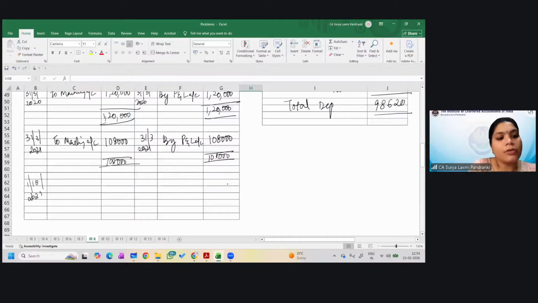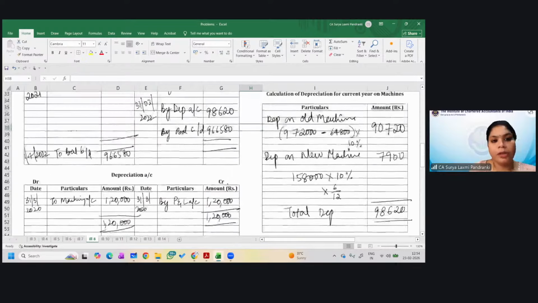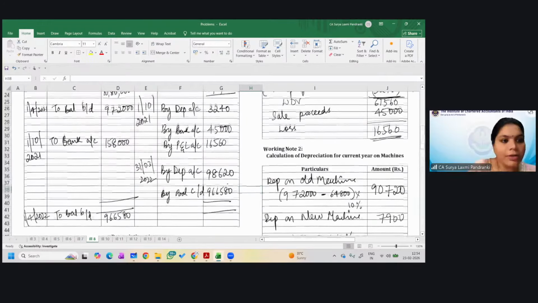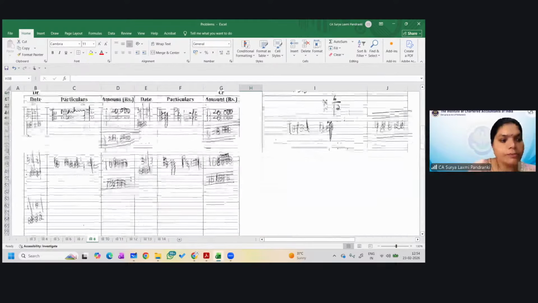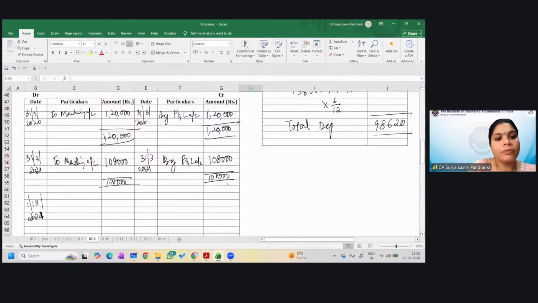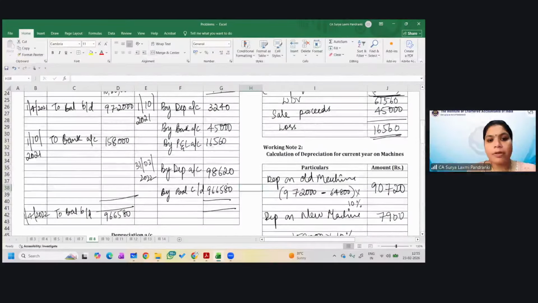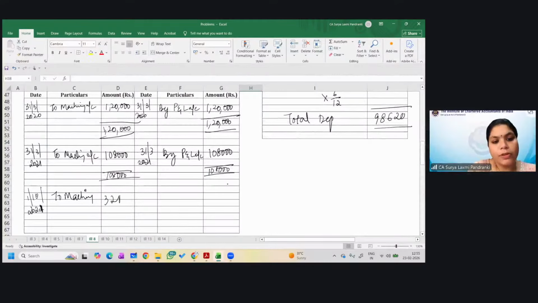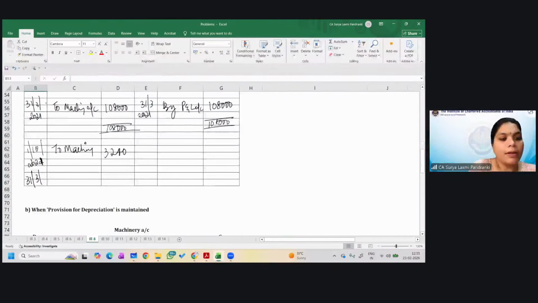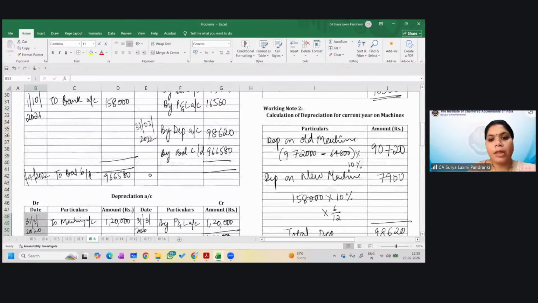I closed this account also in 2021, sorry. Two machinery. How much is the depreciation we have? 3240. And on 31st March 2022, we have again two machinery. How much is the depreciation? 98620.